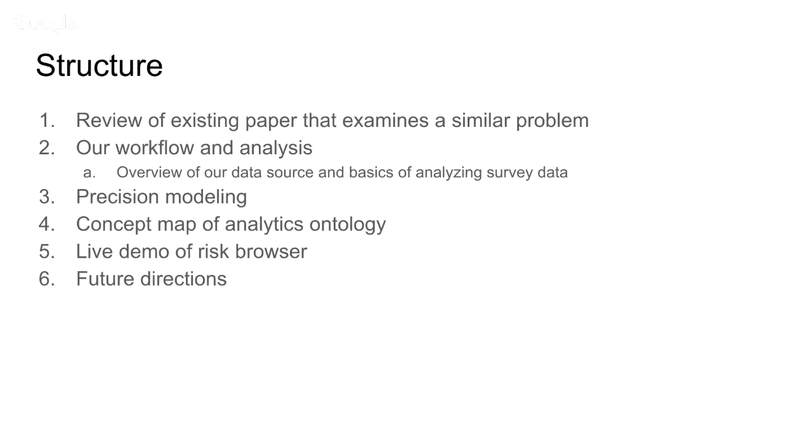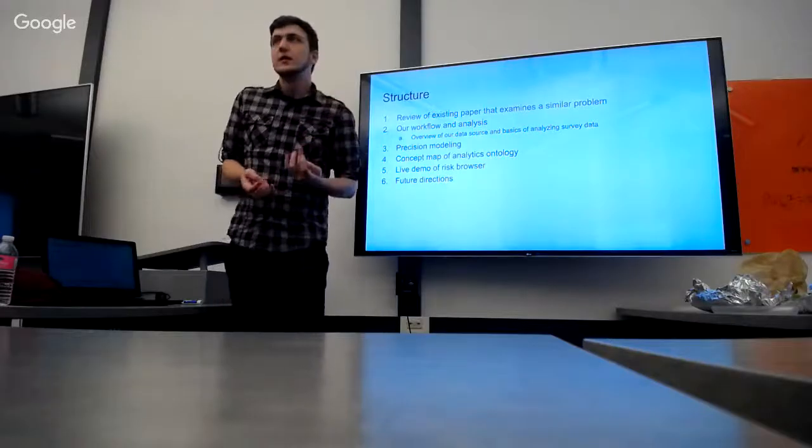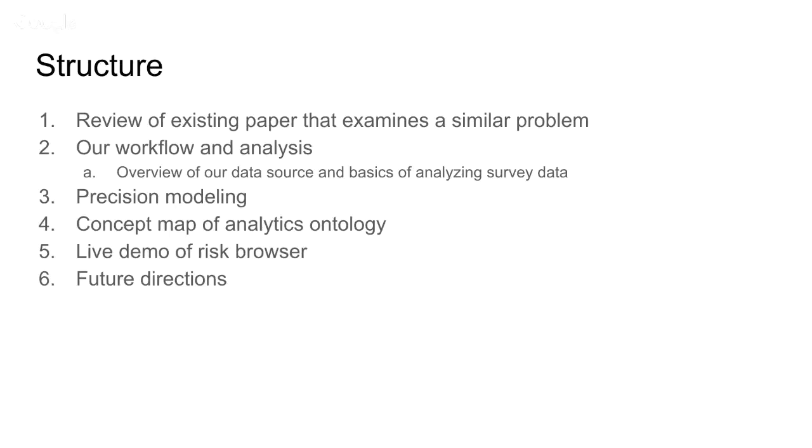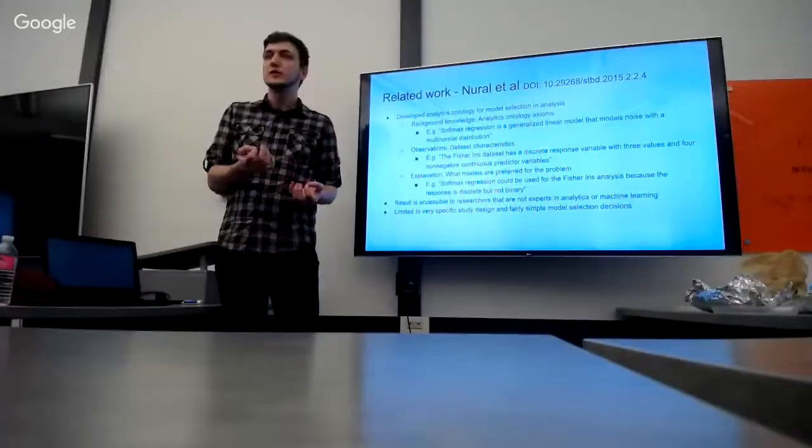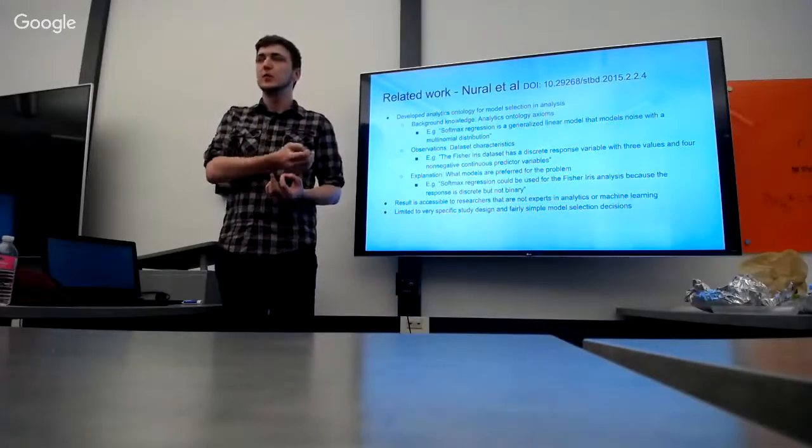So this is just a basic overview now that we've done some initial stuff. An interesting paper from a couple of years ago that's doing something similar is this paper by Neural et al. They have an analytics ontology for model selection specifically. In analysis problems, you will sometimes have to deal with model selection. You have an analysis question: I want to find the relationship between y and x.